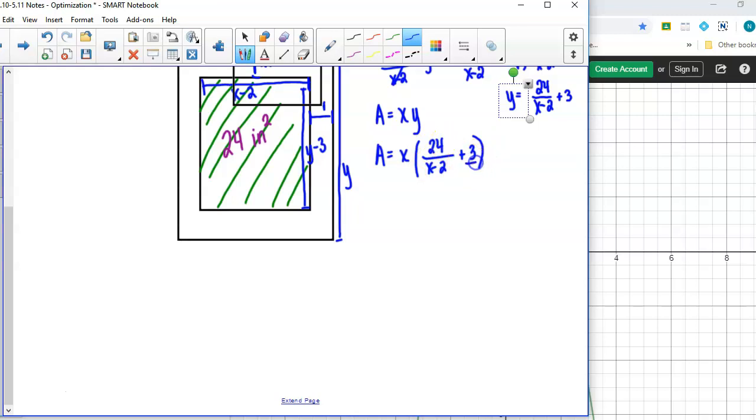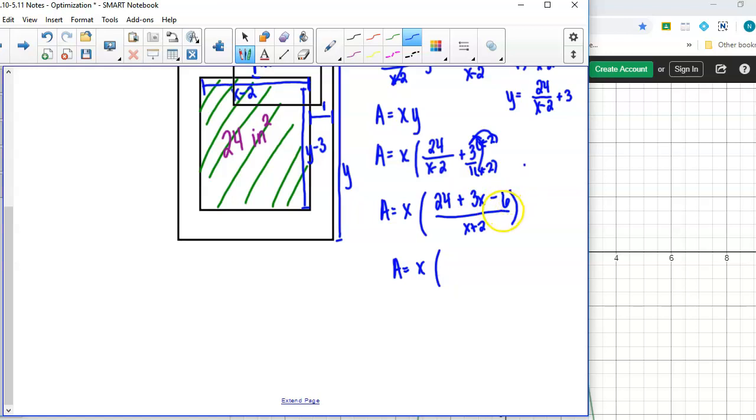So right now this is over 1, so I'd have to multiply by x minus 2 from top and bottom. So I would get 24 plus, if I distribute that 3, 3x minus 6, all over x minus 2. And so that gives me x times 18 plus 3x over x minus 2.